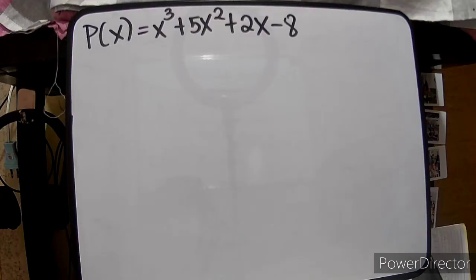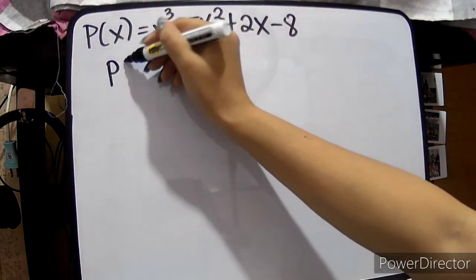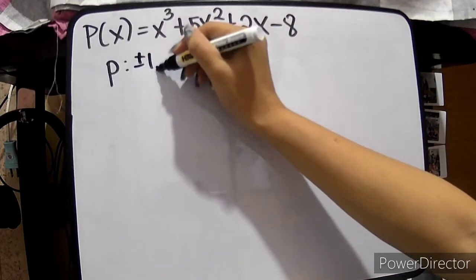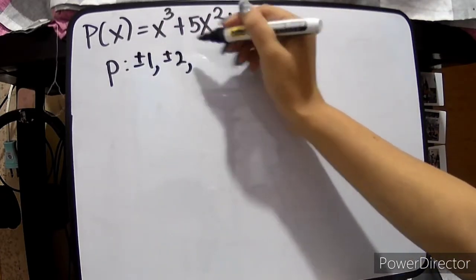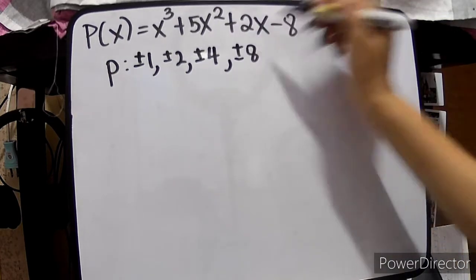So, this is the given wherein we are asked to find the integral zero of this polynomial. So, para mahanap natin yung integral zero, ang unang-unang gagawin is hanapin muna natin yung factors ng ating p, which is our constant term. So, factors of p, which is negative 8 on this given, is positive negative 1, positive negative 2, positive negative 4, and positive negative 8.